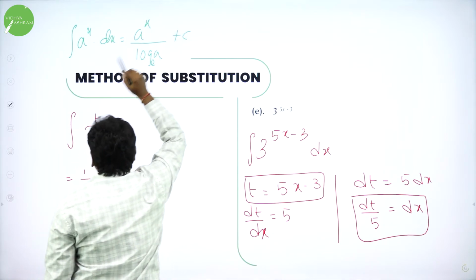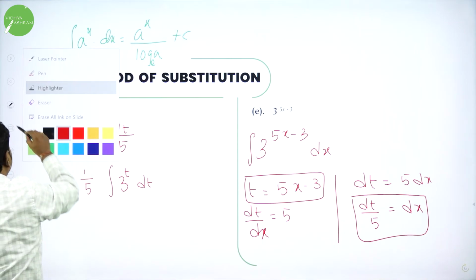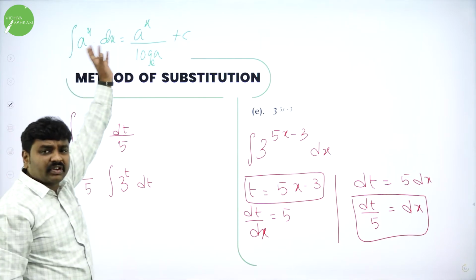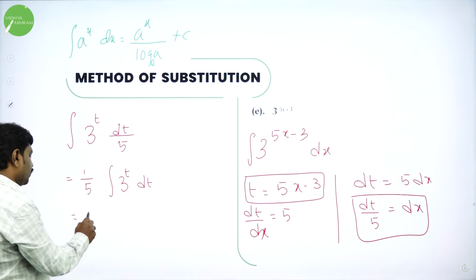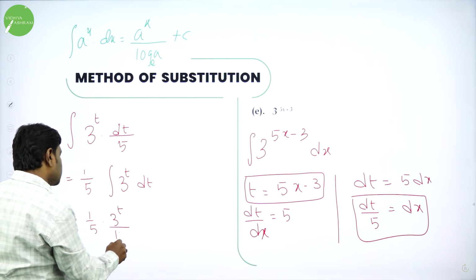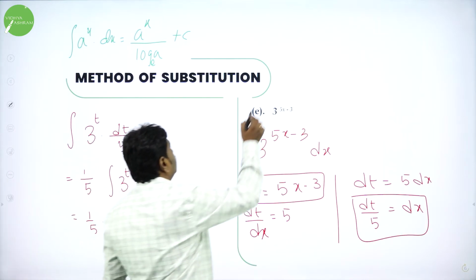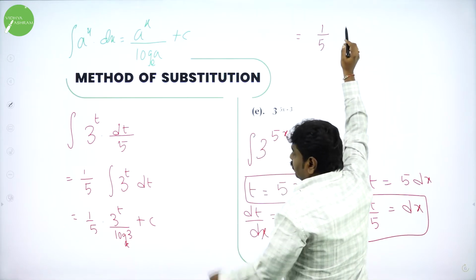So first you should be thorough with the formula. The formula we are using is integration of a power x, which is a power x by log a plus c. So integration of 3 power t is 3 power t by log base e 3 plus c. Finally, we are left with 1 by 5 into 3 power t.